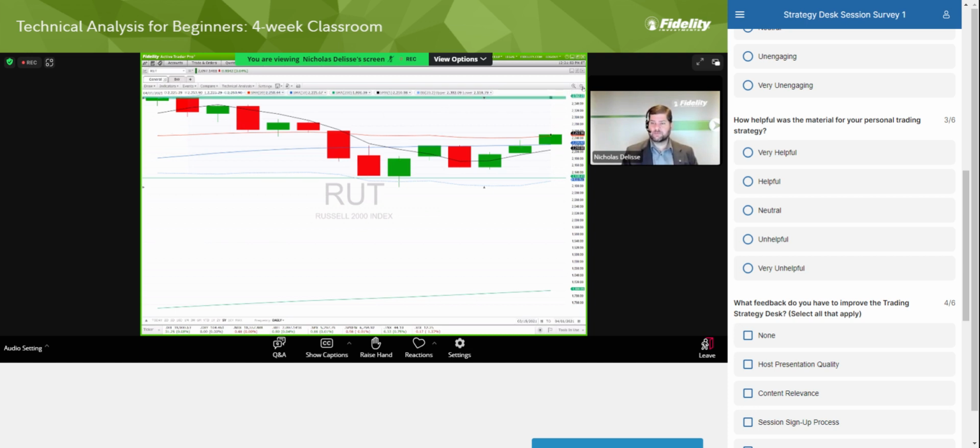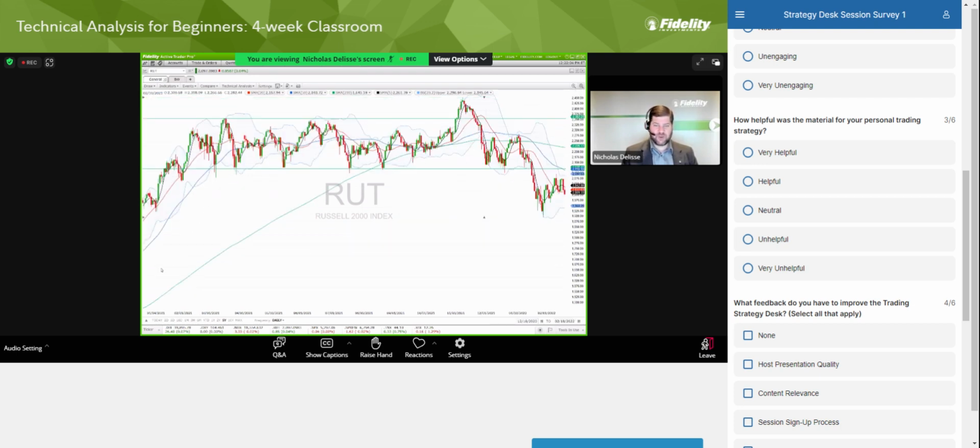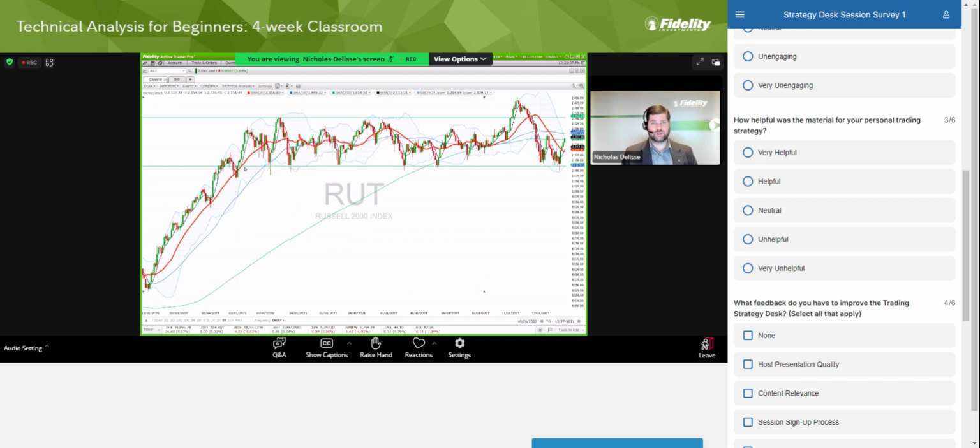And that became pretty obvious as we zoom out. See, the 200 is still sloping up, where we know right now it's moving sideways, but it had been moving up. And zooming out again, we can see over here that yes, before it was in a fairly strong trend.